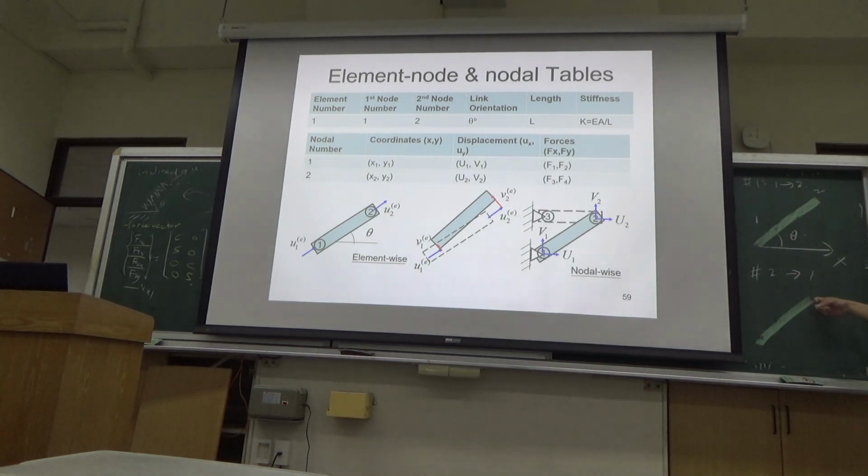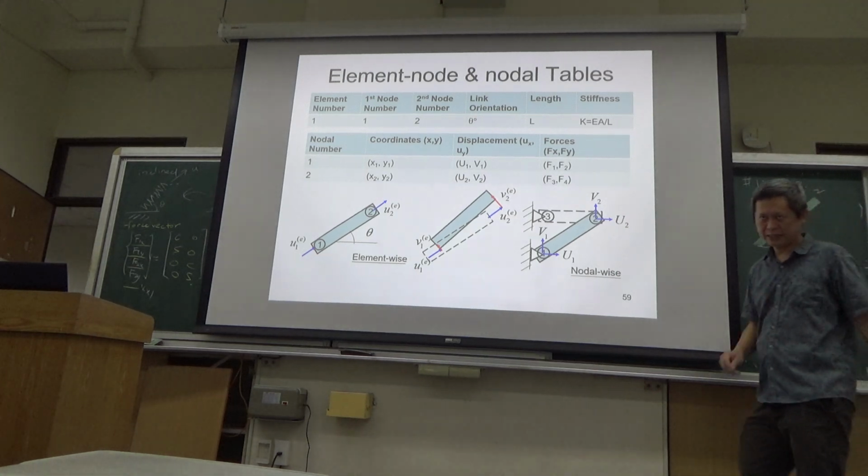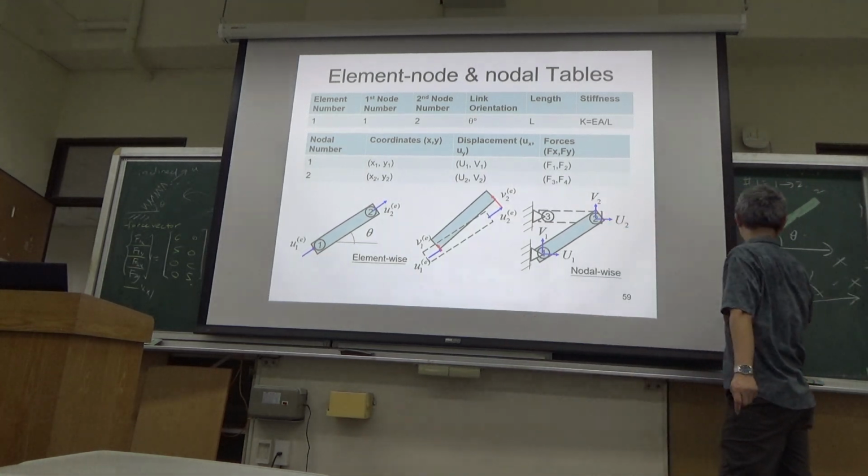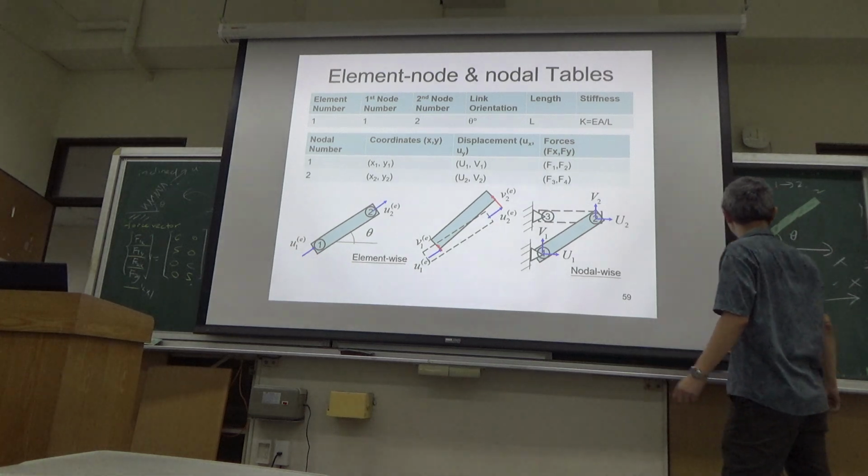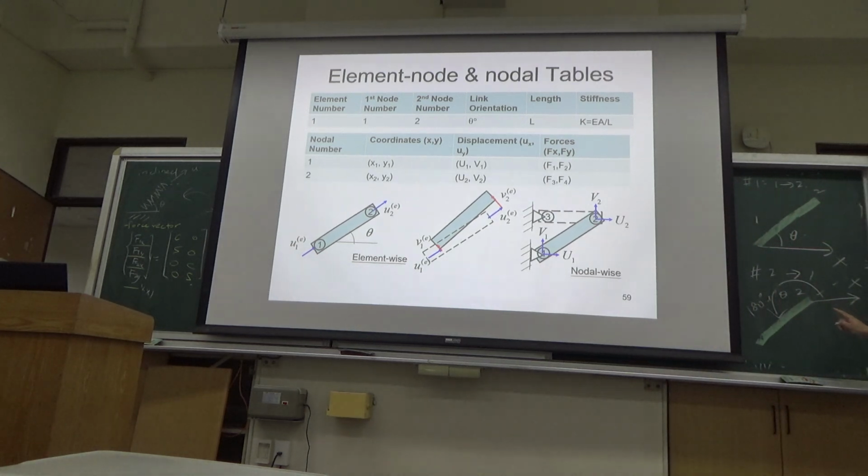If I take node 2 as the origin, there is only one way you can define the angle. This is your 180 degrees plus theta. Please don't use theta anymore.